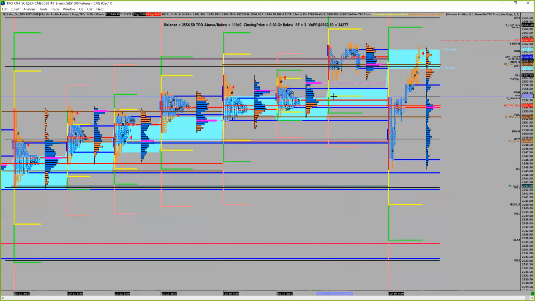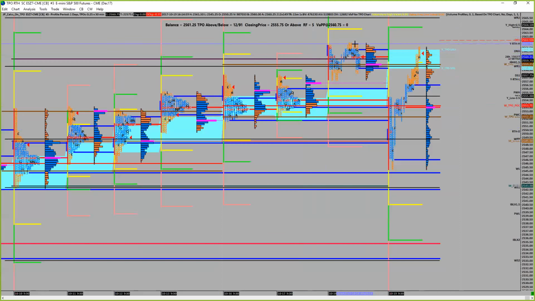Remember, we test both sides before a real move comes. I was talking about that way back in the beginning classes on volume profile. We test below, we test above, then the move will happen. Everybody has to get stopped out first, okay?